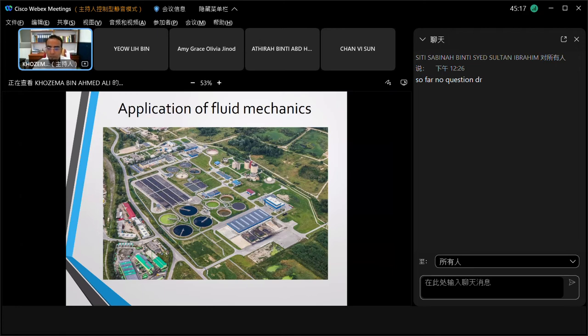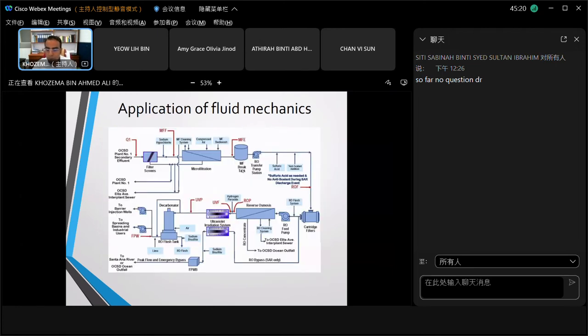So let's say something happens here, there is an accident here, so you will have to go and figure out what happened, what went wrong, who is responsible, what happened to all the safety measures that you, or your company, or your senior put to make sure no accident happens. If you don't understand the system, if you don't know how the fluid is being transported, what equipment is used, and how the process is going on, how are you going to find the problem? How are you going to find what went wrong?